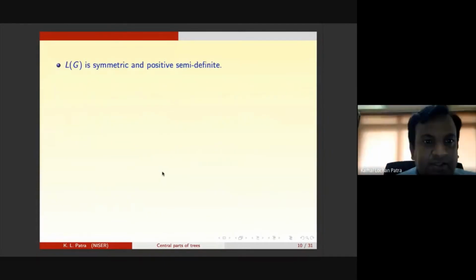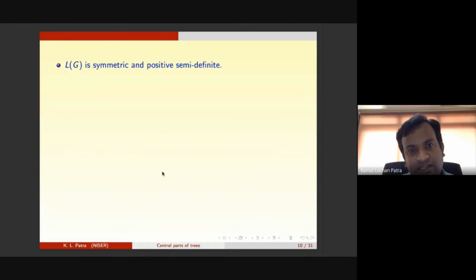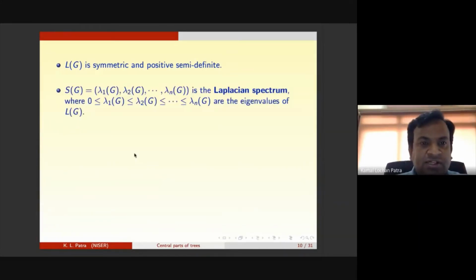It is clear that the Laplacian matrix is symmetric and positive semi-definite, so all its eigenvalues are real and non-negative. If we consider the eigenvalues as lambda 1 to lambda n in this way, lambda 1 is always greater than or equal to 0.